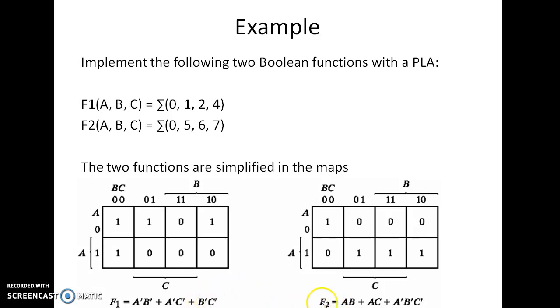So there exist 4 combinations, right? This and this, 2, 3, 4. So 4 combinations exist. So you can select any one of those 4 combinations, right? The thing is, it should have a smaller number of different product terms. Very few product terms.